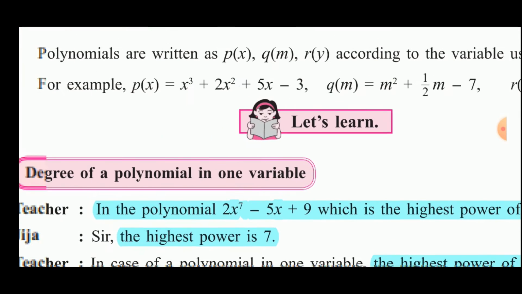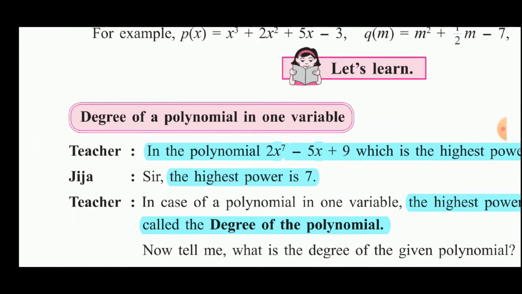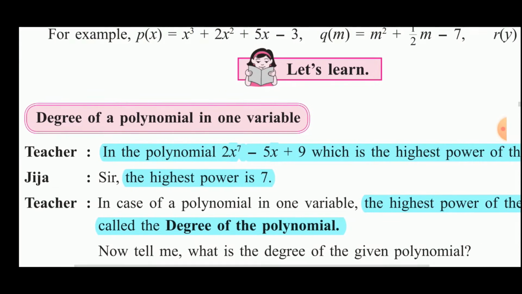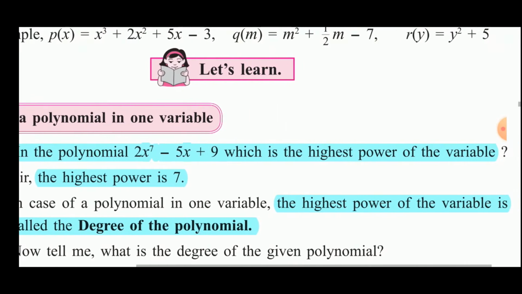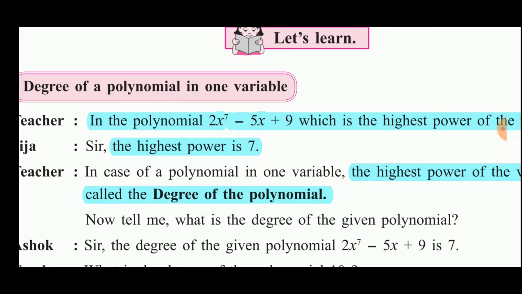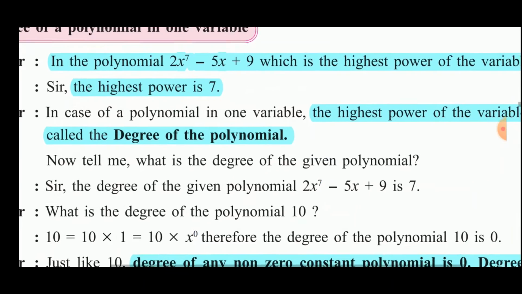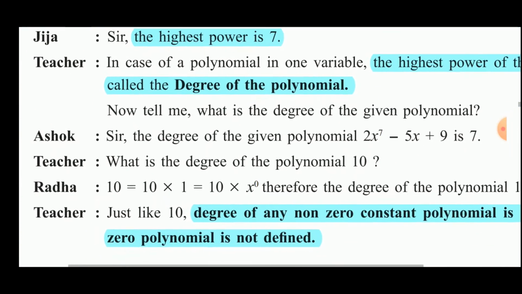Now let us see the degree of a polynomial in one variable. In the polynomial 2x raised to power 7 minus 5x plus 9, the highest power of the variable is 7. So the degree of the polynomial is 7. So the highest power of the variable is called the degree of the polynomial.